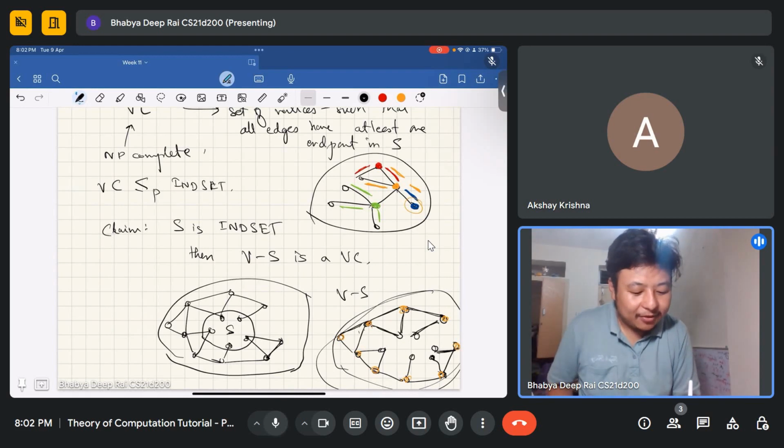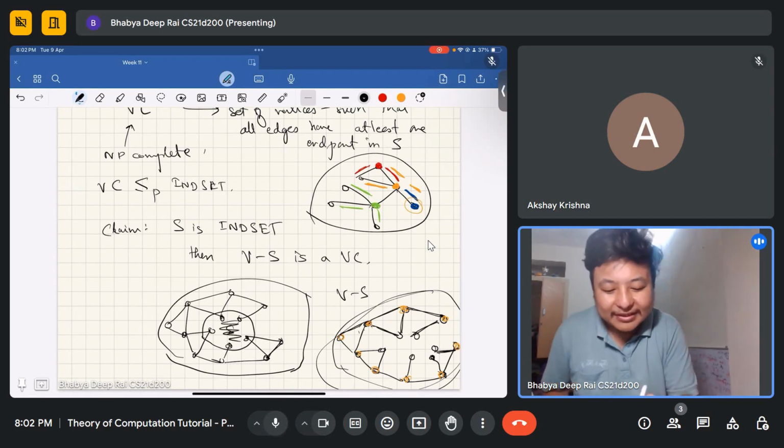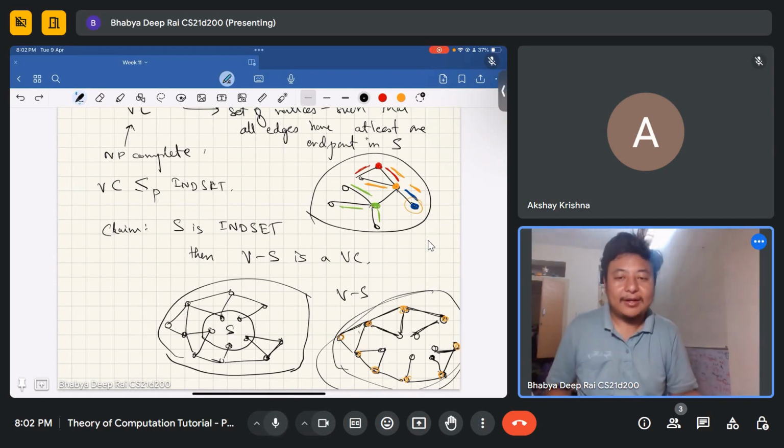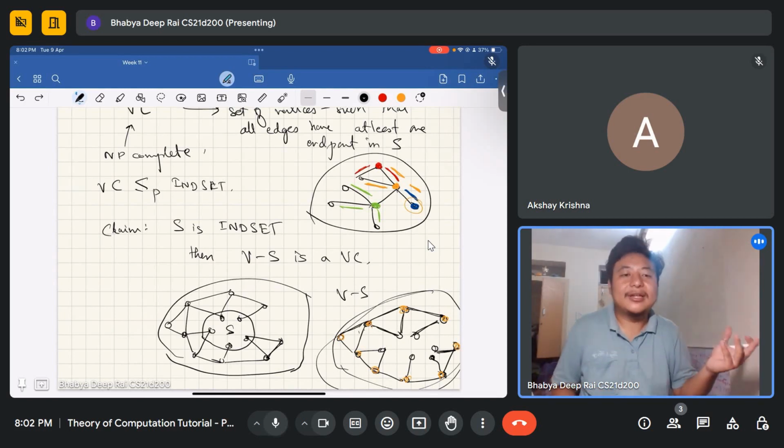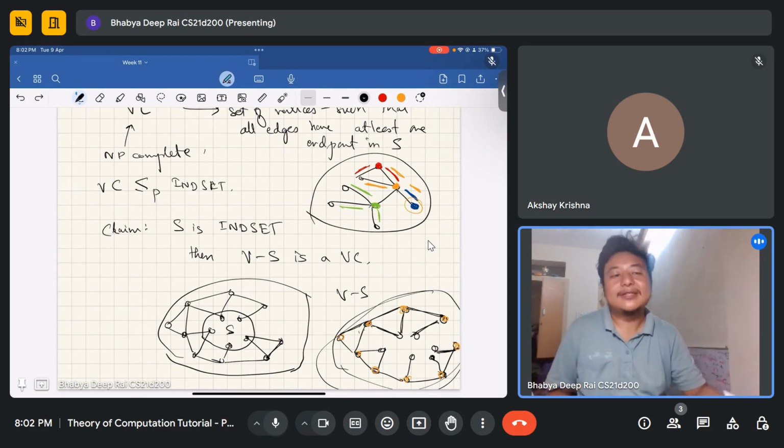But they do not need to cover anything inside the independent set because there are no edges there, right? So therefore, whatever remains must form a vertex cover. All the edges must be covered because there are no edges among the independent set itself. I'm removing all the vertices that belong to the independent set, and still the vertex cover is covering everything. Okay, but I did it in a very quick, hard and fast fashion.